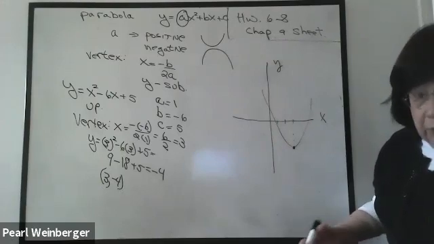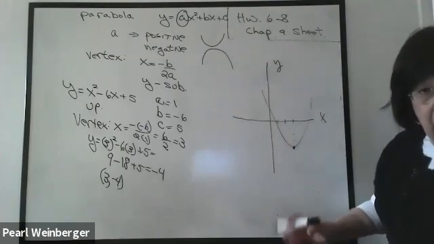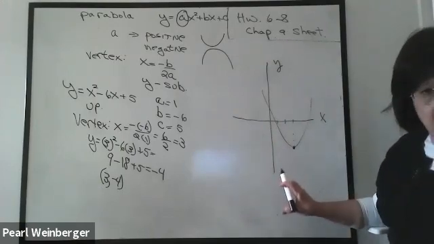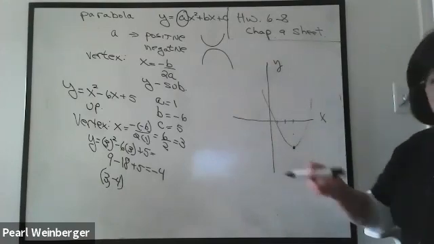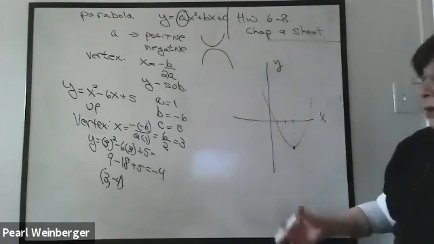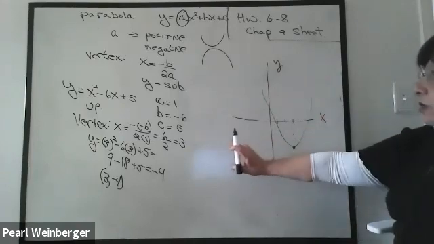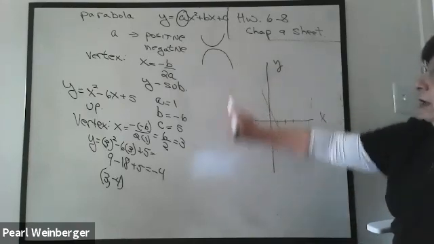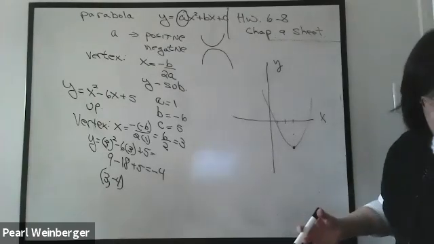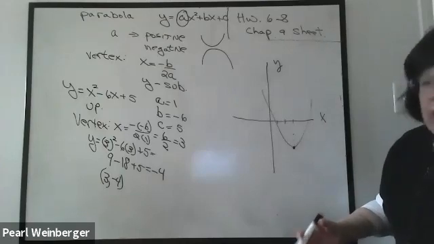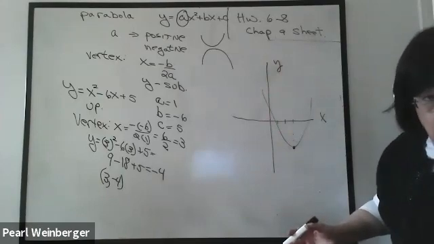Very often, this is enough. If you're doing a multiple choice test and they ask you to pick the right answer, this is often enough of an indication for you to pick the right one, because on a multiple choice they'll probably give you one that's facing down, one with the vertex up here, one with the vertex over here. So if you can pick out the correct vertex and the correct direction, you will have picked the right choice.